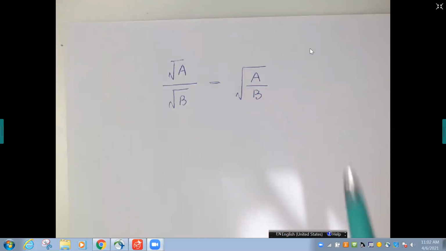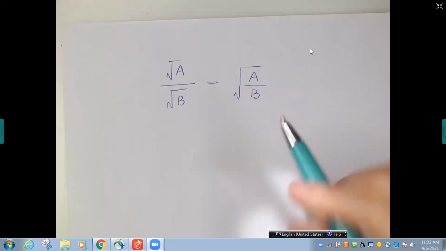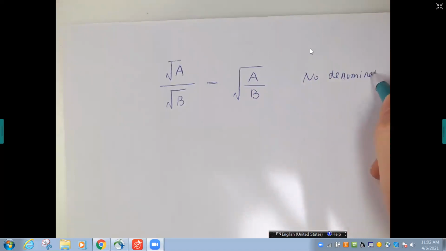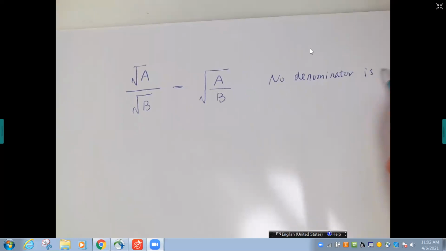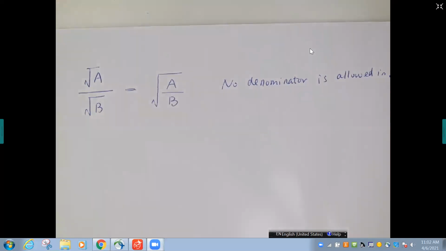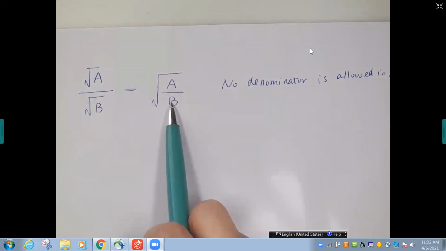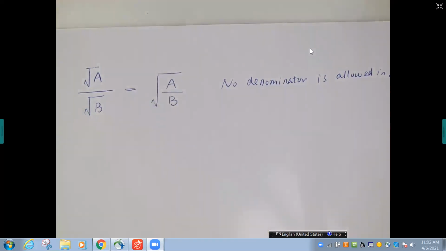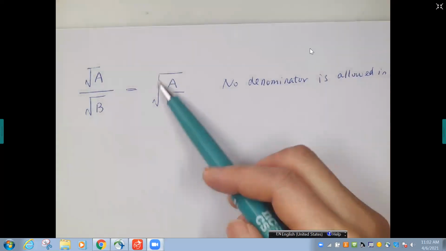And there is another requirement here: no denominator is allowed in the radical symbol. If we see a denominator here, it cannot stay inside, and it has to go outside. So this is how to simplify a radical expression.